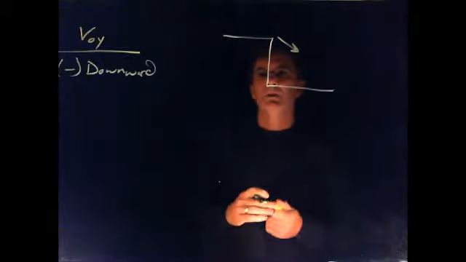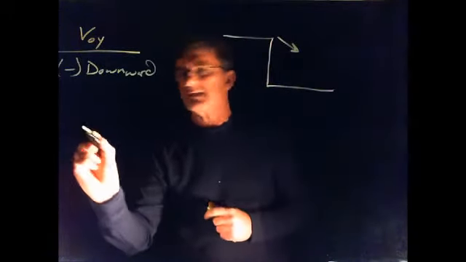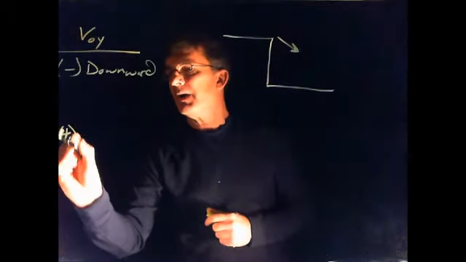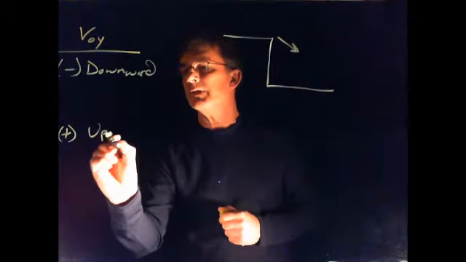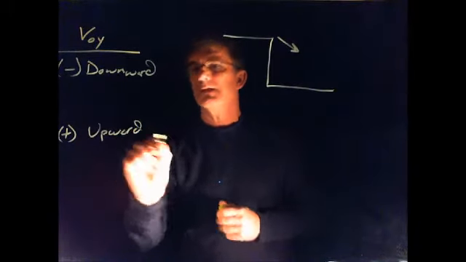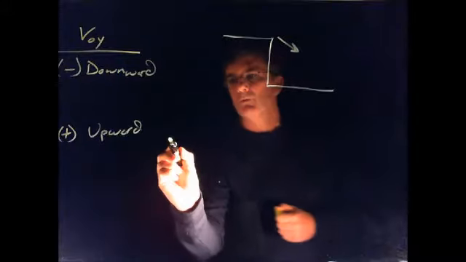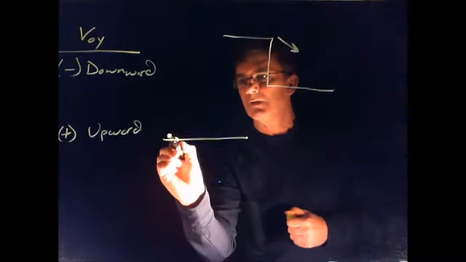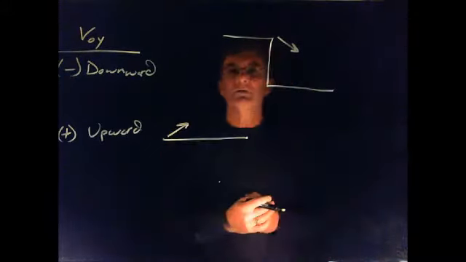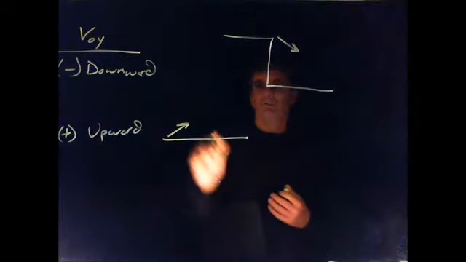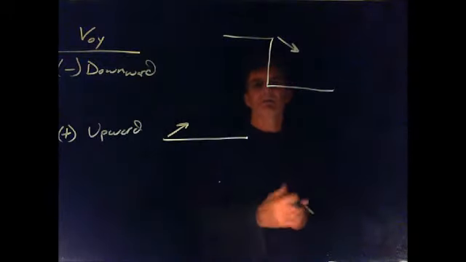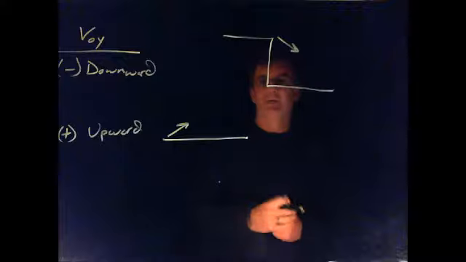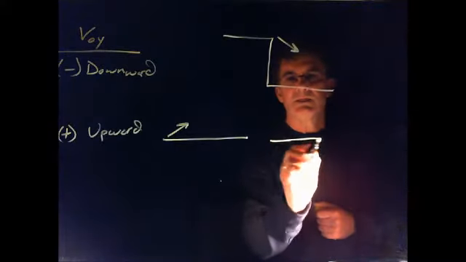Okay. Let's say our velocity in the y is positive. So we're going to throw it upward. Now there's different scenarios here. We can be on level ground and we can throw it upward at an angle. Like you're kicking a soccer ball, it's going up and coming down. This is a very popular scenario to look at.